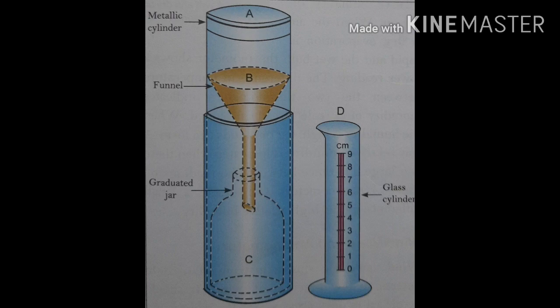When the rainfall occurs, rainwater is collected in the vessel through the funnel. This water is then poured into a measuring jar that is graduated in millimeters and centimeters. The reading with the rain gauge is taken at an interval of 24 hours.